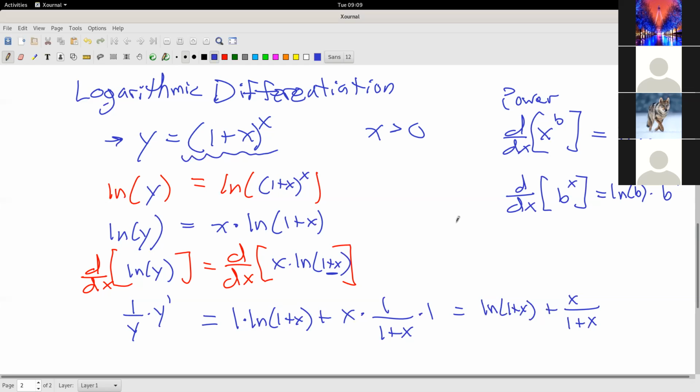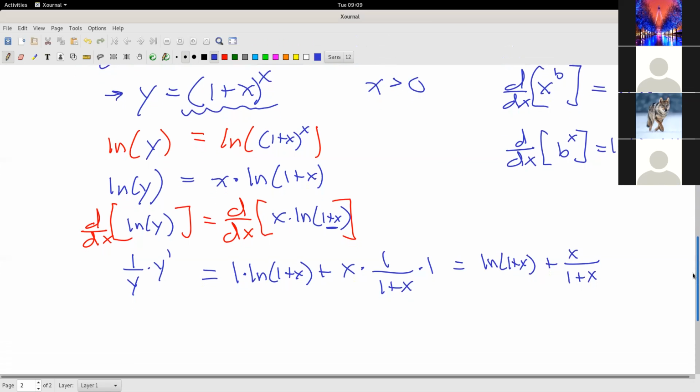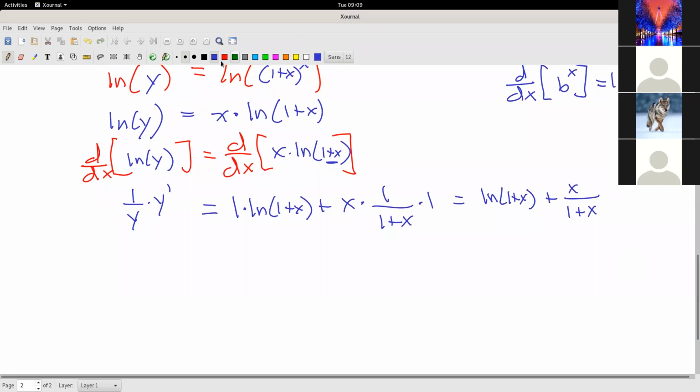So let's see, scroll down a little. Switch color, there we go. So now y prime is going to be equal to multiplying y over to this side, and y is 1 plus x to the power x, times everything on the other side, right, all of this.